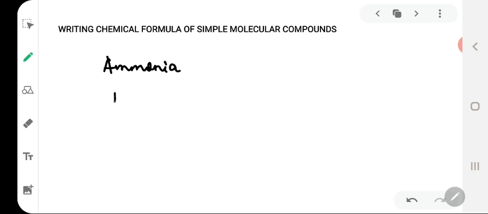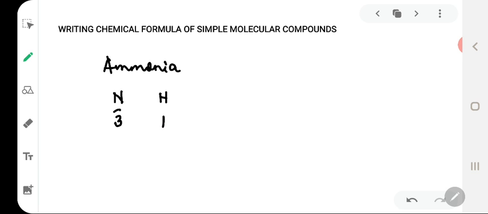So ammonia has got nitrogen and hydrogen. As it was said, the symbols of these atoms are written and their valencies are placed below them. So valency of nitrogen is 3 and that for hydrogen is 1.